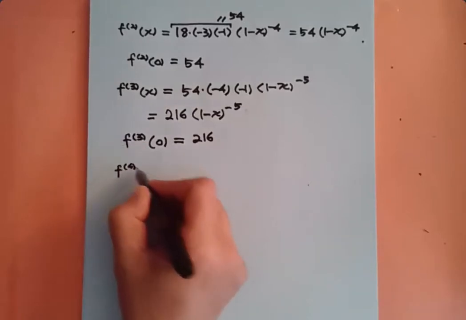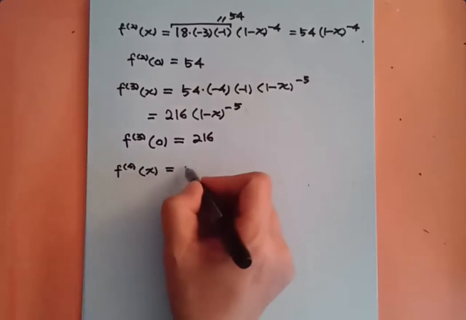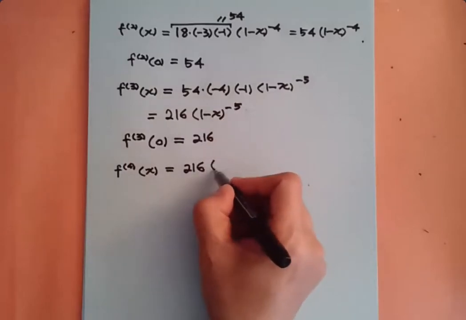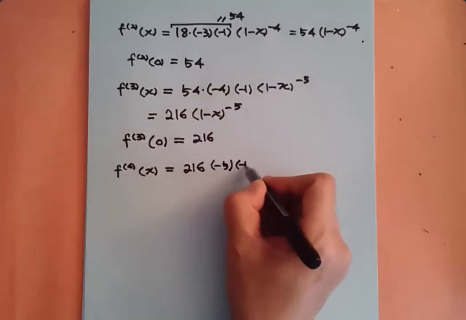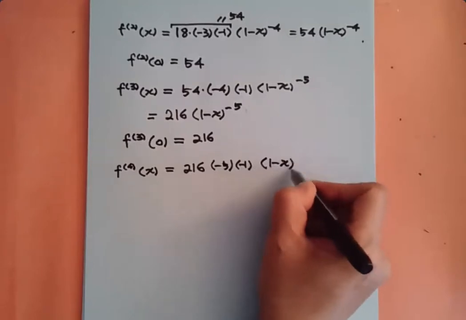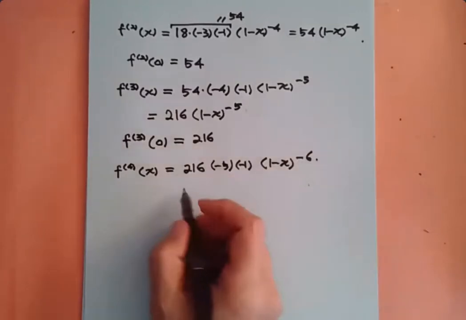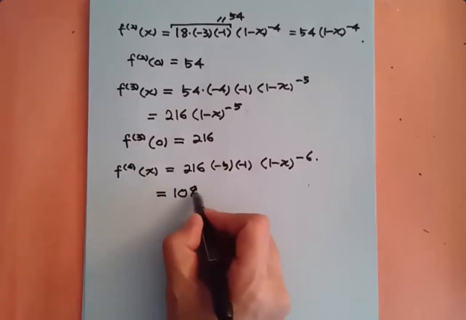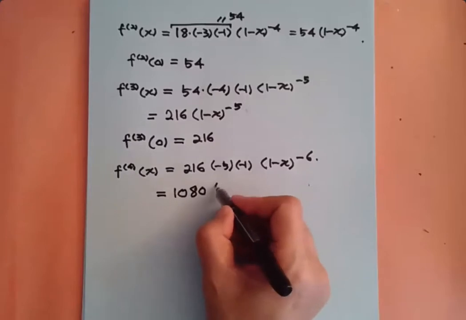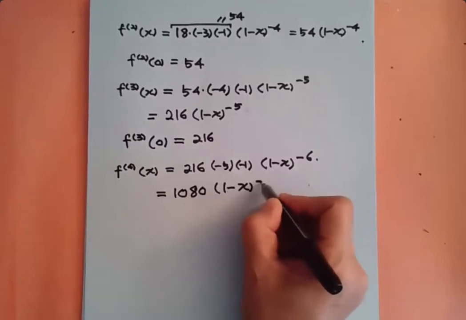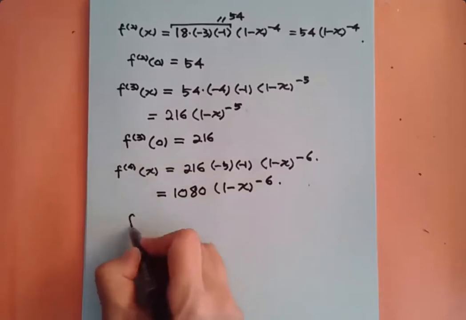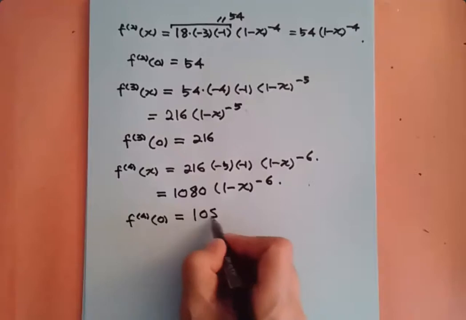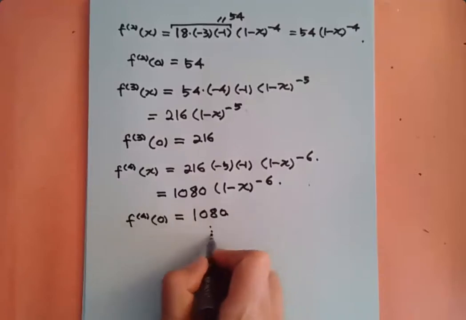And the fourth derivative at x is 216 times -5 times -1 times (1 - x)^-6. We just keep doing the same thing. If you multiply all of them, you have 1080 (1 - x)^-6. So the fourth derivative at 0 equals 1080, and so on.